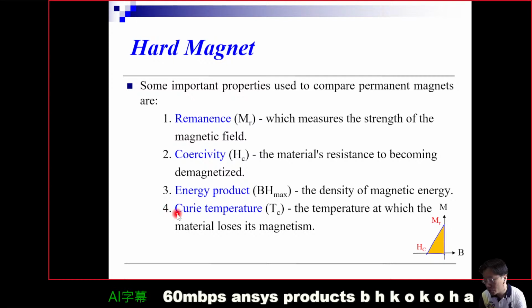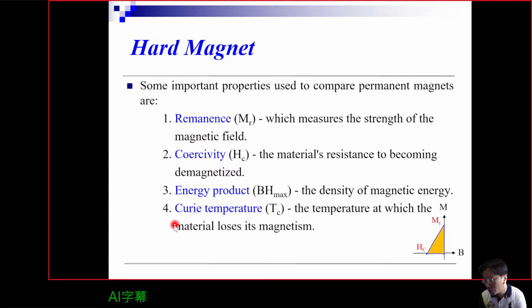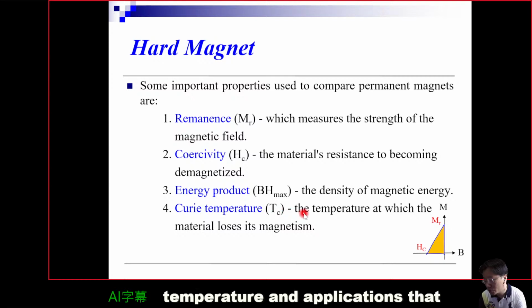And the fourth feature, which I do not show in this BH curve, is the Curie temperature. This is the temperature at which, when we increase the temperature, the material loses its magnetism.